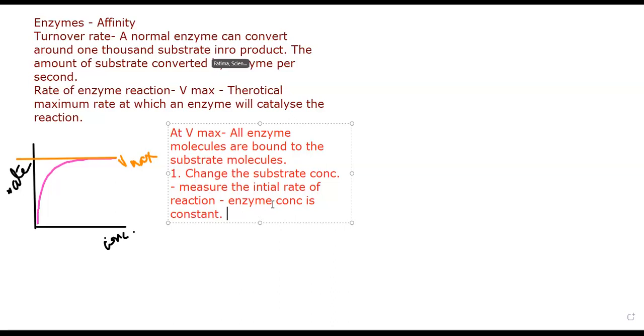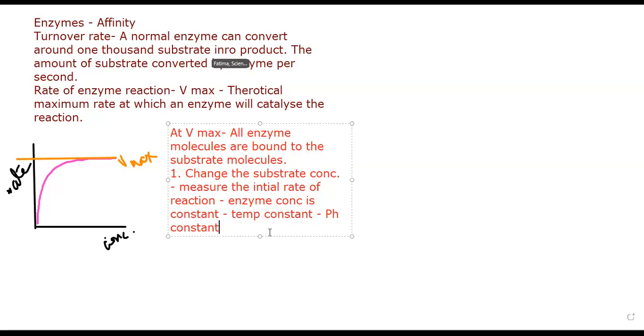So enzyme concentration, I want to keep that constant. Temperature, I want to keep that constant. pH, I want to keep that constant. The reason is that all of these can affect the rate of reaction. So if you want your experiment to be valid and comparable, you have to make sure that only the thing you're investigating, the substrate concentration, is changing, and that the other factors remain constant.